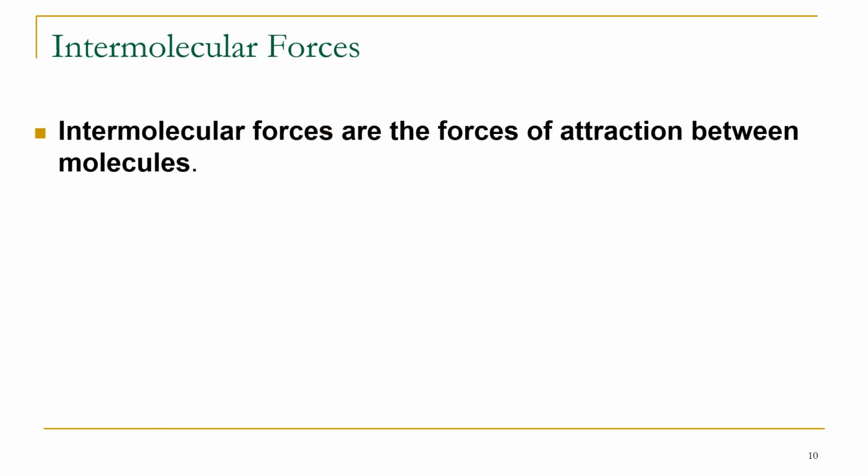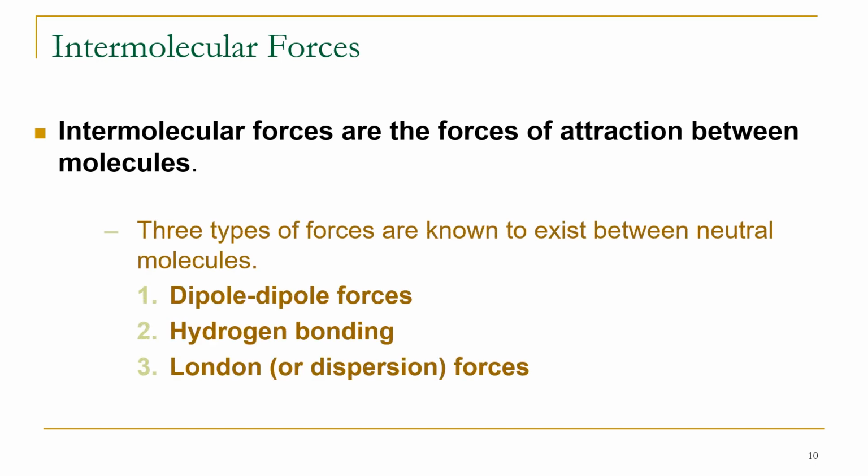All right, so again, let's talk about what intermolecular forces are. They are the forces of attraction between molecules, and there are actually different kinds of intermolecular forces. The three types that we're going to discuss are dipole-dipole forces, hydrogen bonding forces, and London, sometimes called dispersion forces.